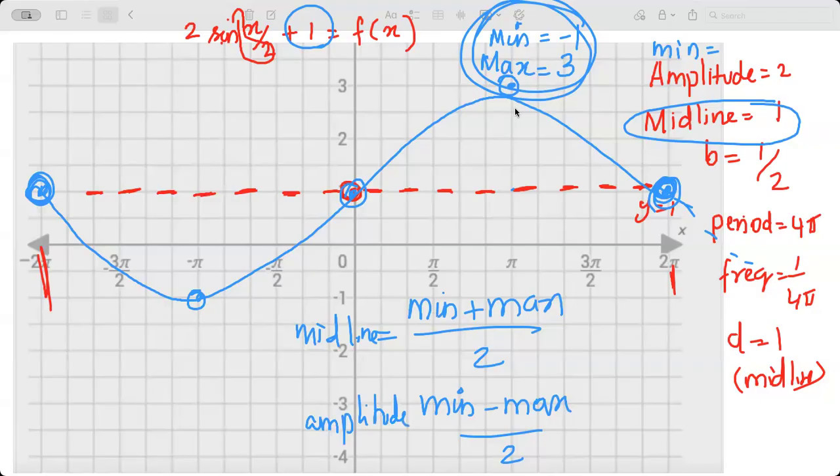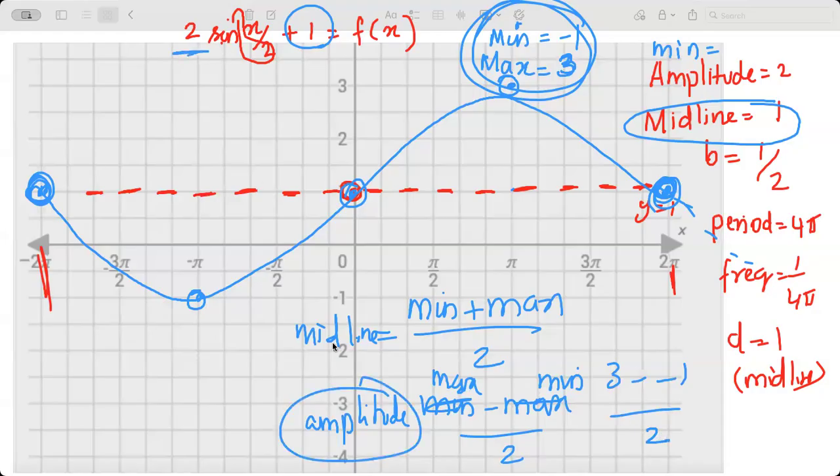So max minus min, that is what is correct, right? Here, 3 minus minus 1 by 2, so it's 4 by 2. 2 is your amplitude. Midline is min plus max divided by 2. 3 minus 1 is 2, 2 by 2 is 1. So midline is 1. Any questions, guys?